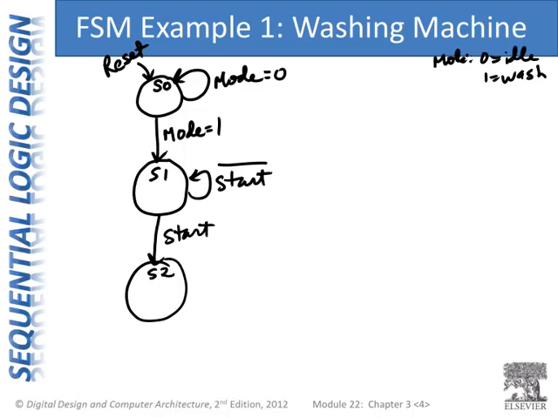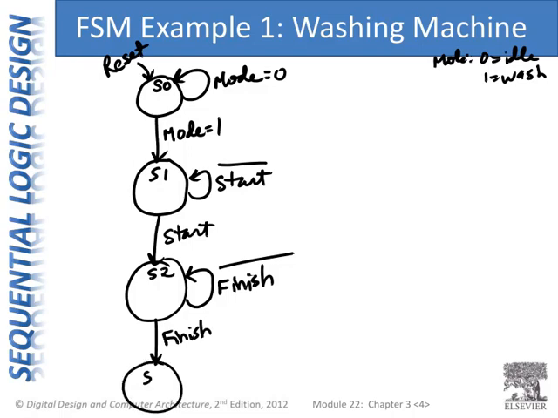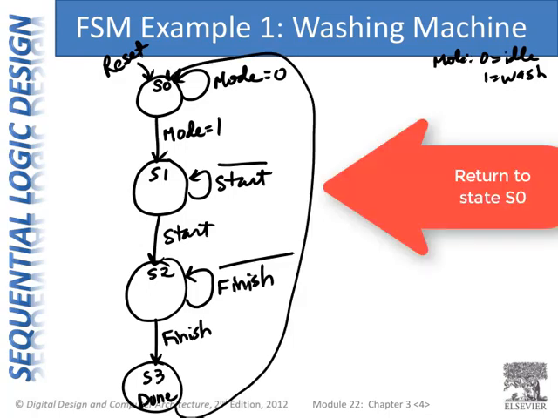Maybe we have a signal from the washer, maybe it detects movement or some kind of signal that says not finished. And once it's finished, it goes into state 3. At that point, maybe it asserts the done signal, connected to a buzzer, waiting for the washer to be activated again.